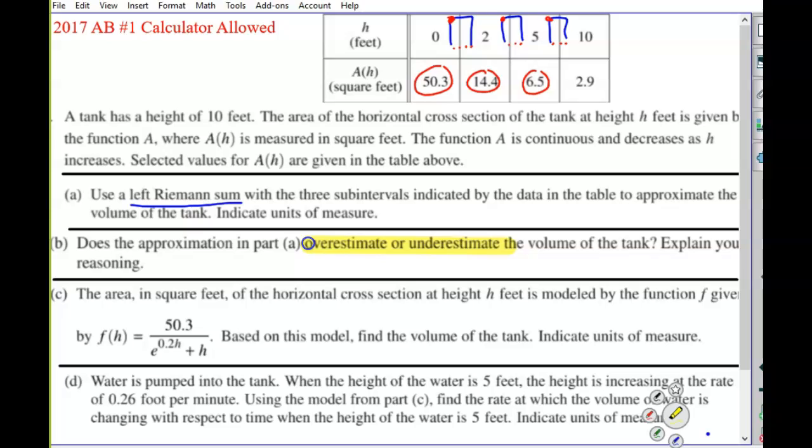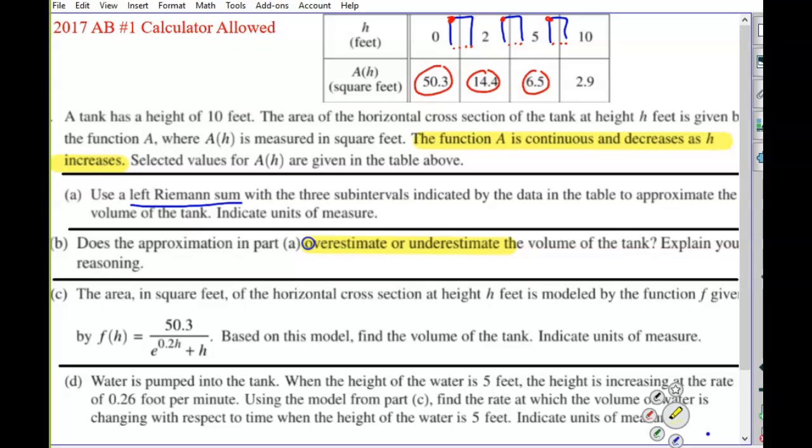The area of the horizontal cross-section of the tank at height h feet is given by the function A of h. A of h is measured in square feet. The function A is continuous and decreases as h increases. So let's look at that. As my height in feet grows, my function decreases. Well, that's the key part right there.